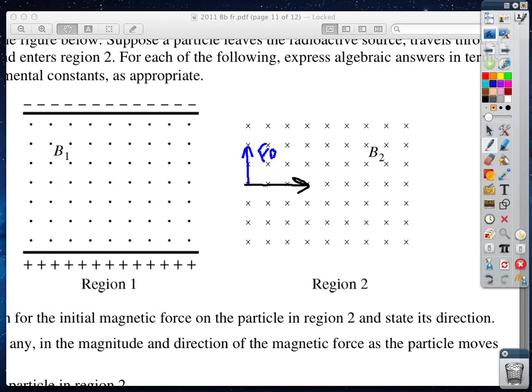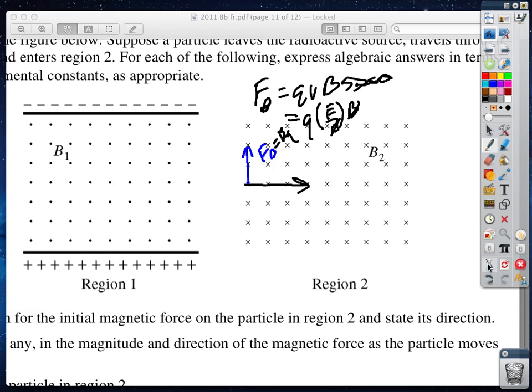Does that make sense? And again, how do we calculate that? We have FB is equal to QVB. Same thing. So then we have Q times E over B. Right, same thing. So it's just QE, but it's the force there. So it's moving at this, and the force EQ is pointed upward.